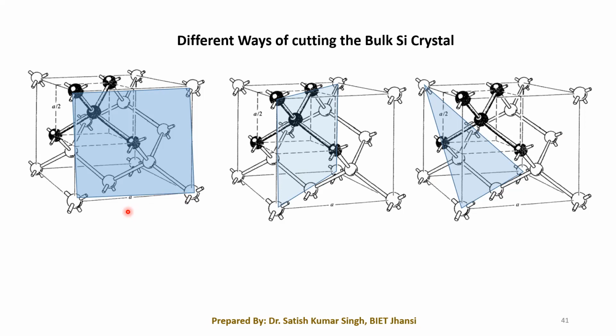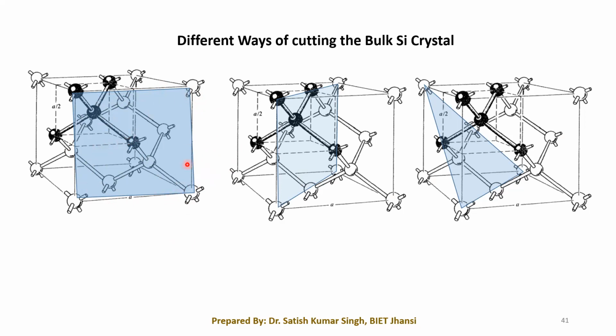But just to give you an understanding of how we can cut this bulk crystal, let me say I cut it from this side, from the front face. After the front face, there will be other unit cells repeating, so many unit cells in front. Let me assume I cut from this particular face, which is your 100 plane.